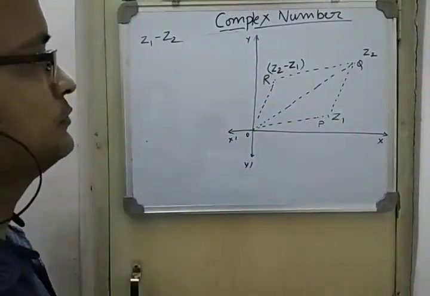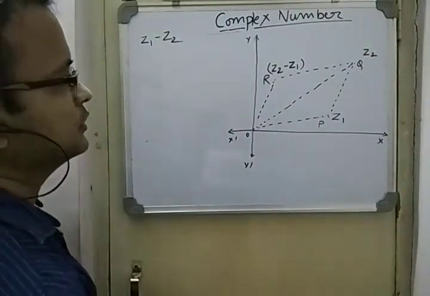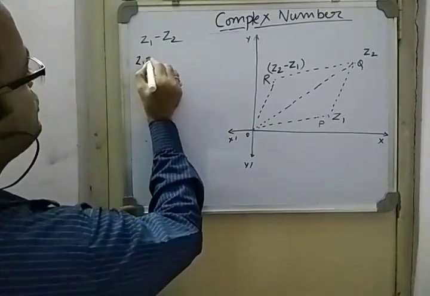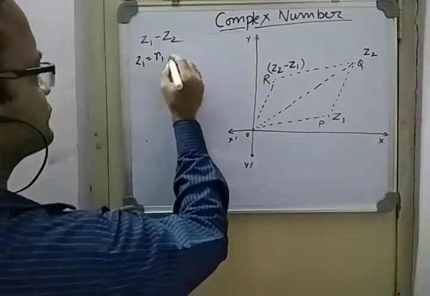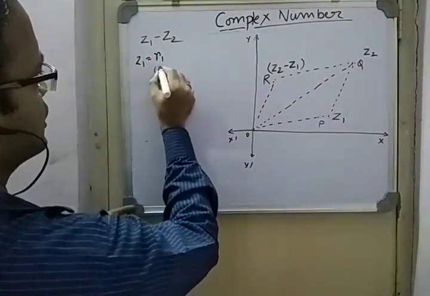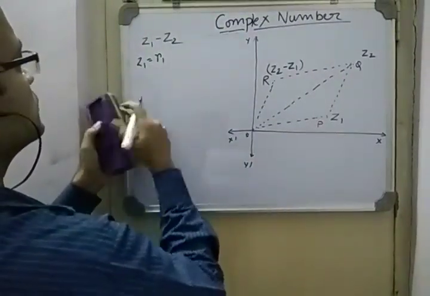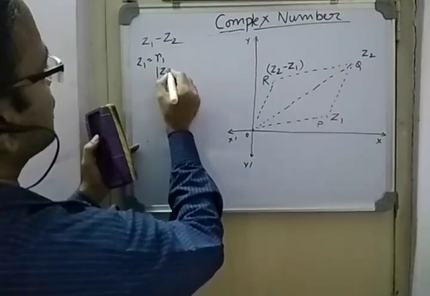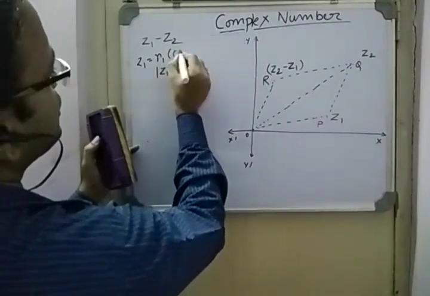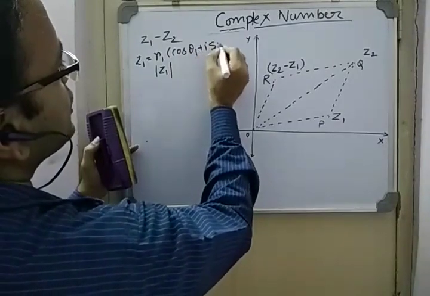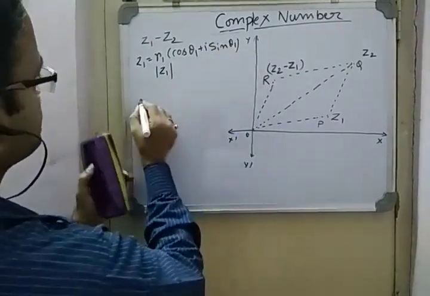It is simple. Okay. In modulus amplitude form, what do we write? Z1 is, suppose, R1. We know R1 is nothing but mod Z. So normally the modulus amplitude form is R1 into cos theta 1 plus i sin theta 1.